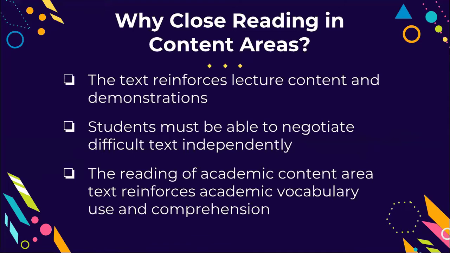It also enables students to negotiate difficult text, and it enables them to look back on their experiences and clarify some questions they had. Say, in a science class, they didn't quite have the word for what they saw in a phenomenon, they may read a piece of text and it could provide that. Oh, that's right, that's what I thought, and here it is in this text. And the reading of academic content area text reinforces academic vocabulary use as well as comprehension.